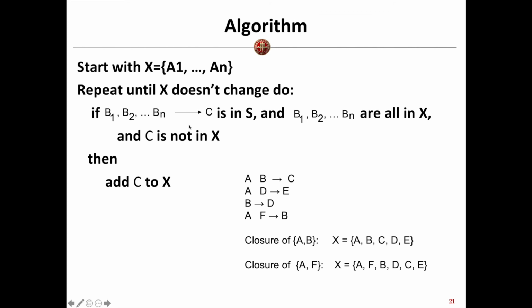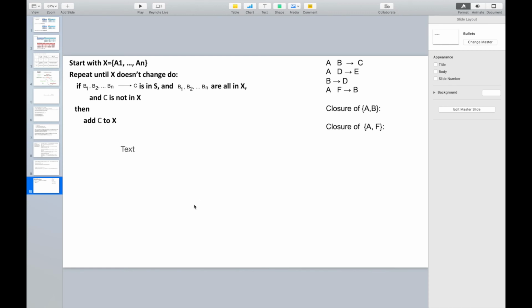We do this iteratively until X doesn't change anymore, and then we return X as the closure of the attributes. This is the algorithm for calculating the closure of the attributes. We will provide you with an example, and I can show you how to use this algorithm. Okay, so let's do the example together.